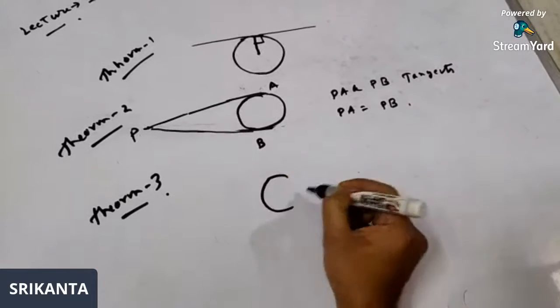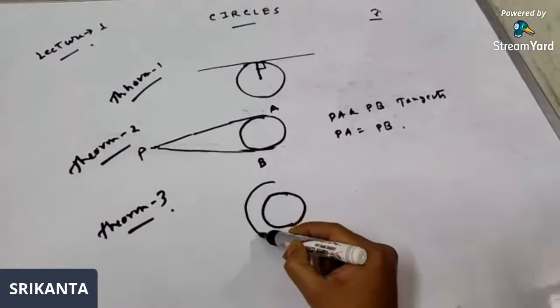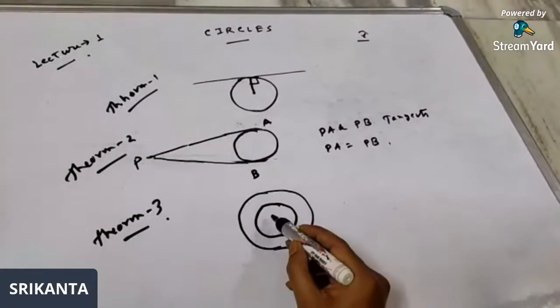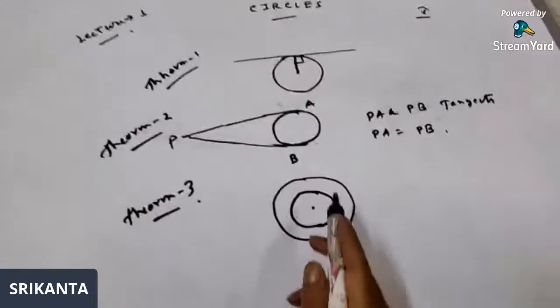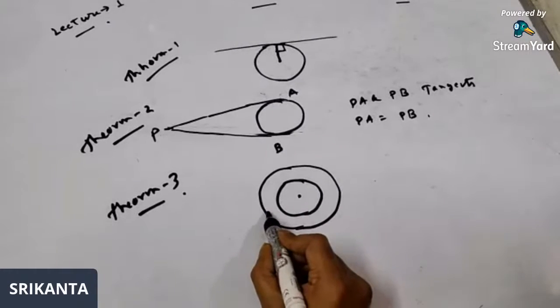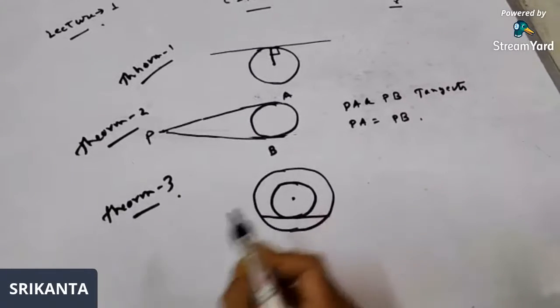that suppose there are two concentric circles. You know what are concentric circles? Concentric circles mean two or more circles which have the same center. So here's a concentric circle, and suppose there is a chord which is also the tangent of the smaller one.